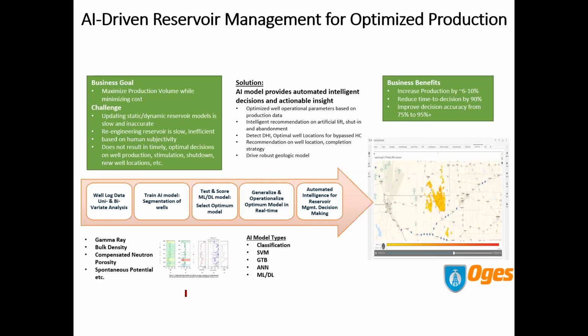So in this example, in reservoir management for optimized production, we're looking at just a sample of some of the well logs that are commonly collected. And so AI model types primarily used in reservoir management are supervised.